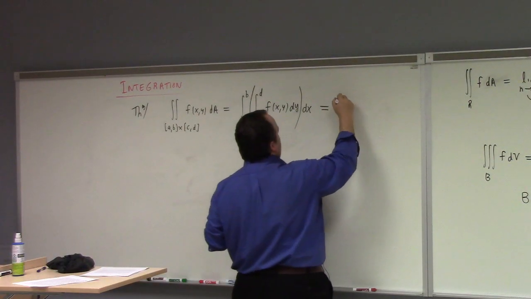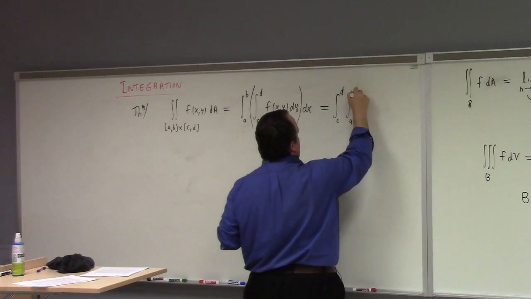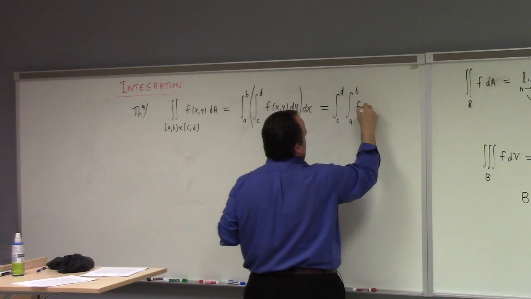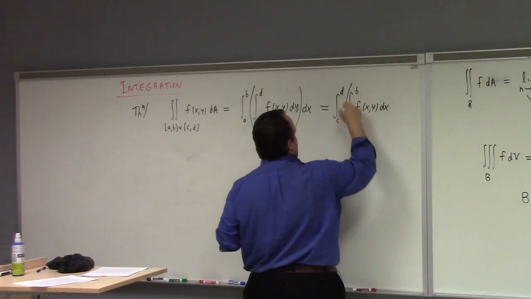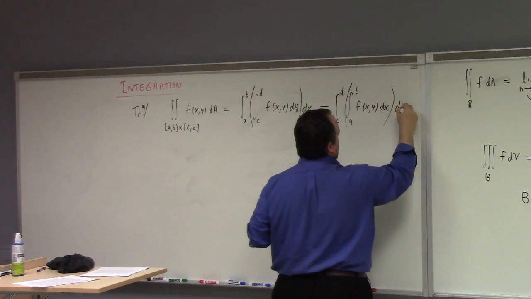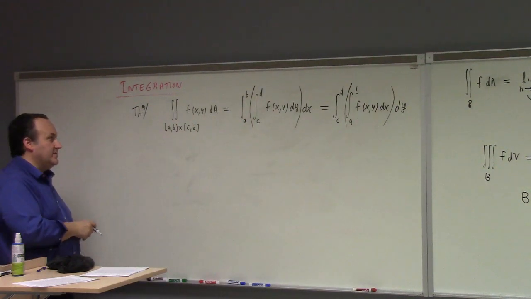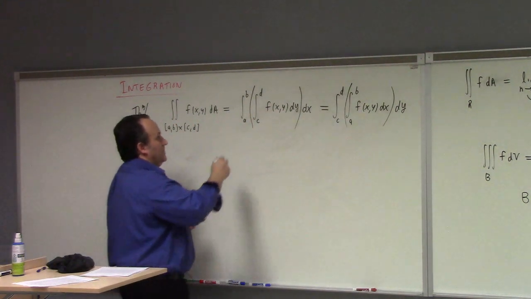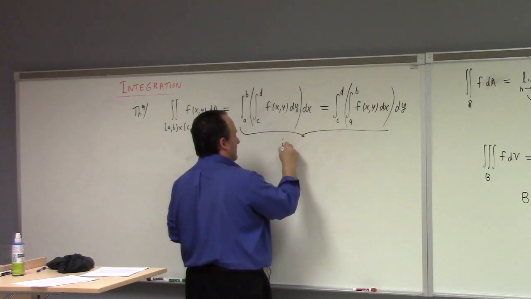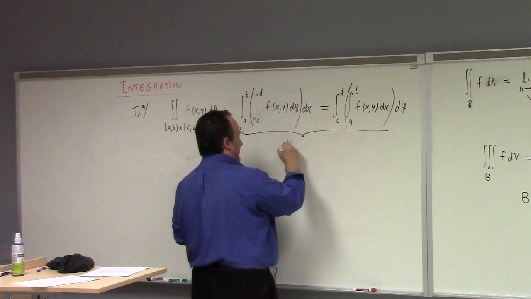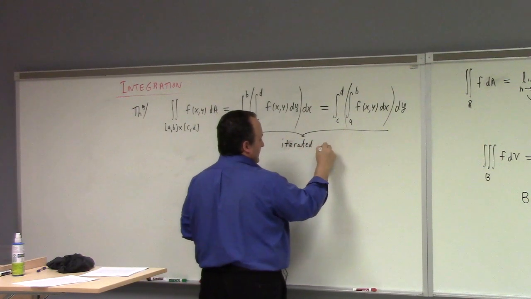And alternatively, we can integrate over [c,d], then integrate over [a,b]. Now this is one of those first-is-last kind of deals, and the order of the differentials matters quite a bit. These are so-called iterated integrals.